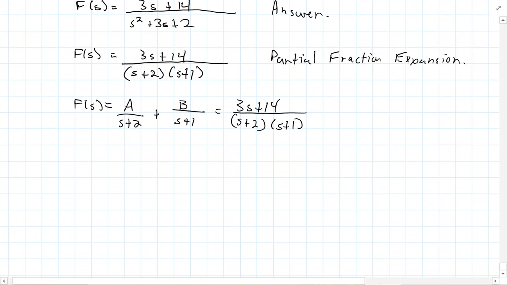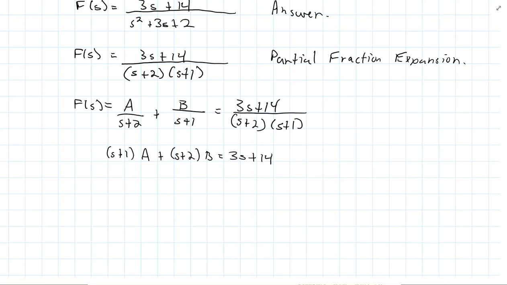And then this is where, doing the partial fraction expansion, you'd clear out the denominators and you'd have s plus 1 times A plus s plus 2 times B is equal to 3s plus 14. And this is where I choose smart numbers. So let's choose s equals -1, because then the A is just gone, and I'd have 1 times B is equal to -3 plus 14.